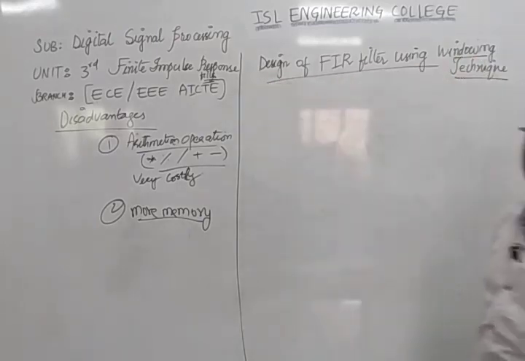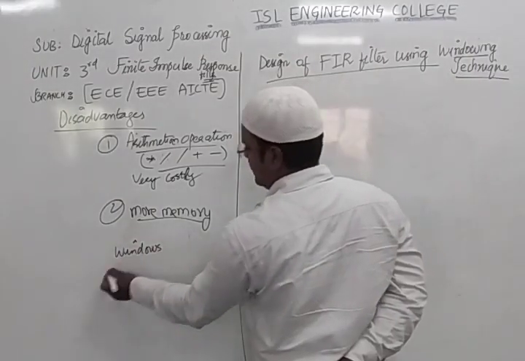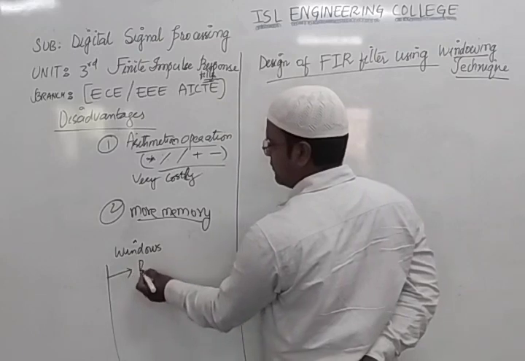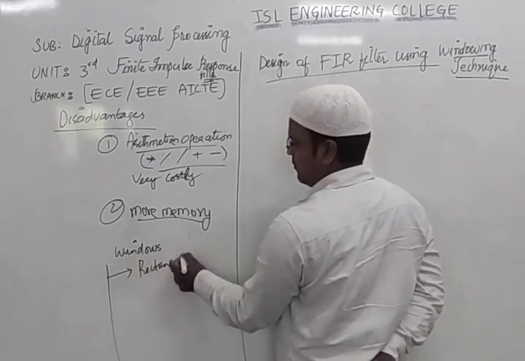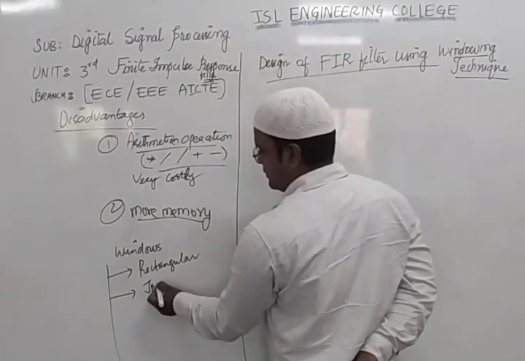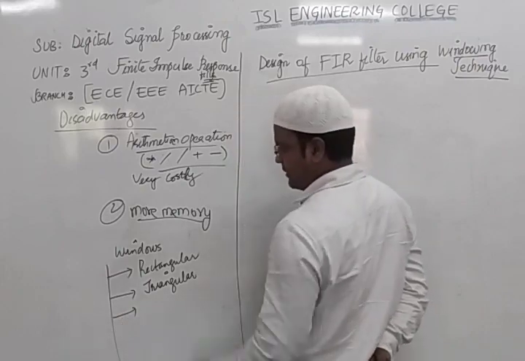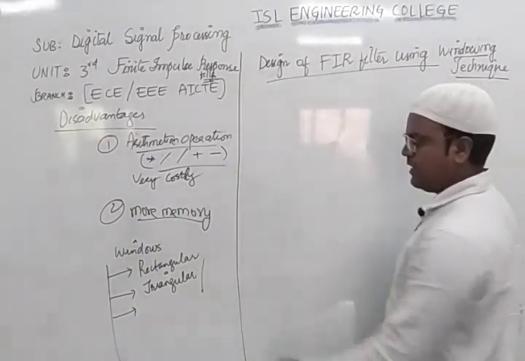So basically, how many windows do you have? In your syllabus you have five windows. One is the rectangular window, so we'll take the rectangular window function and try to find out. Second, we have the triangular window, also called the Bartlett window.